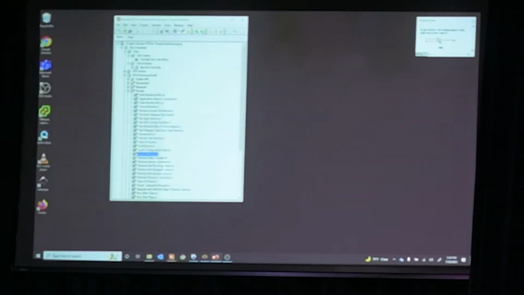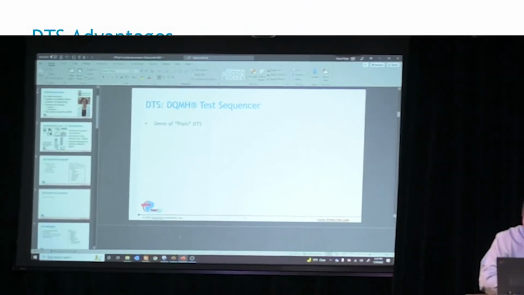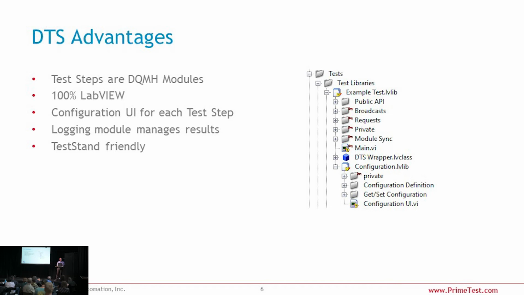All right, so let's go back to slide world. Okay, there we go. All right, so what are the advantages of DTS? You've got the fact that test steps are just DQMH modules, which if you're working in DQMH, you're familiar with. And if you're not, there's tons of resources to learn DQMH. It's 100% LabVIEW.